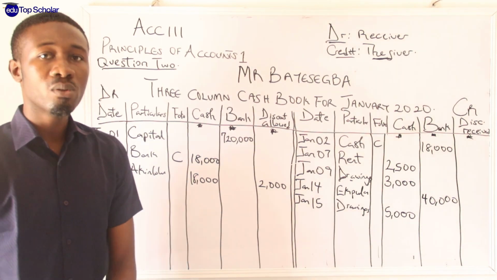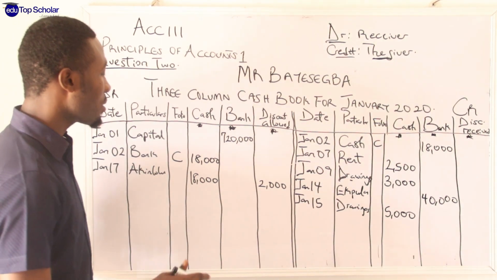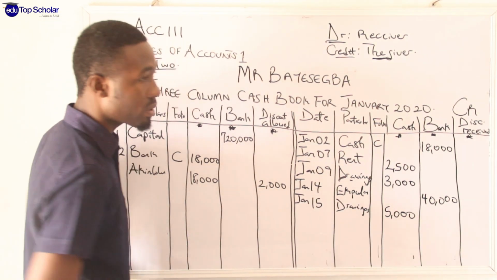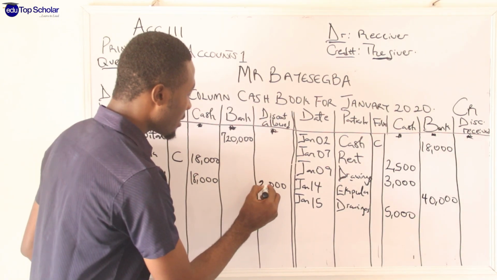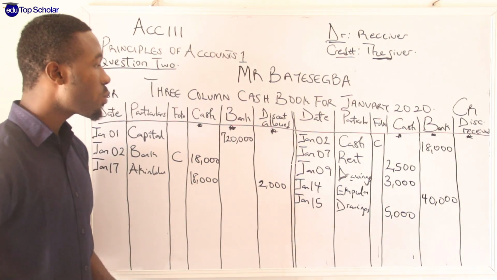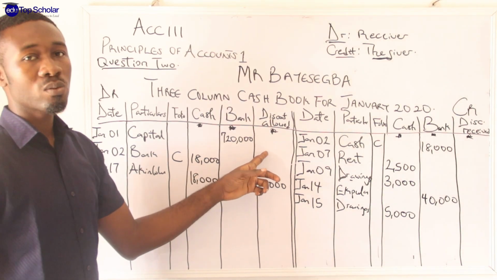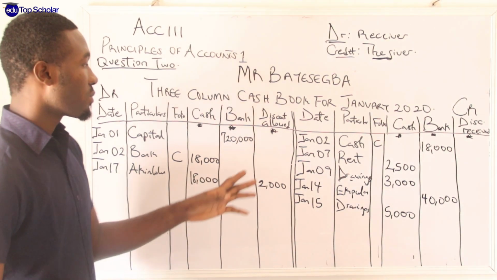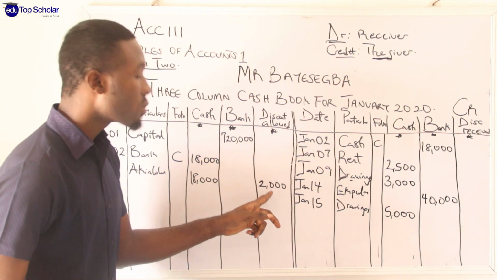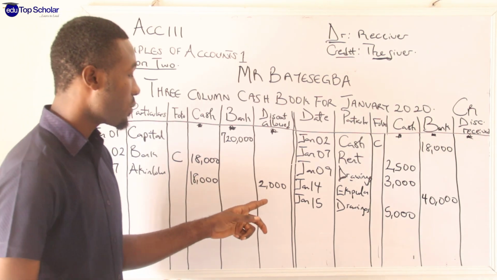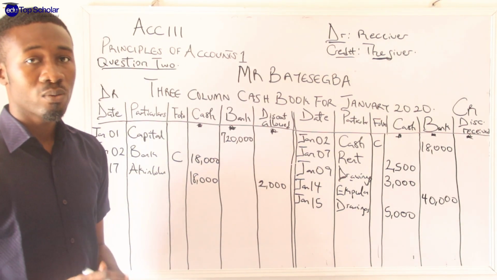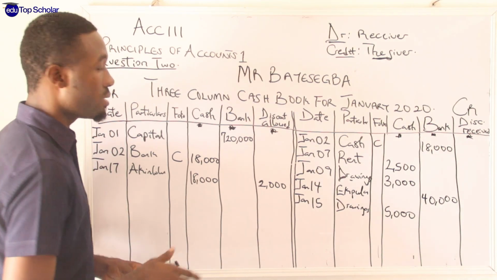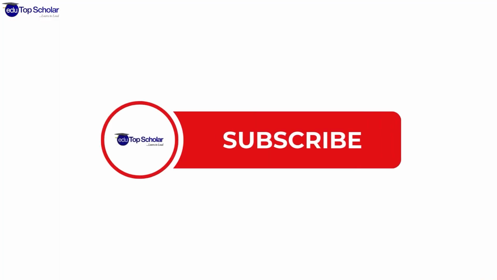Because he was given a 10% discount, which amounts to 2,000 naira, and the 2,000 naira will be recorded under the discount allowed. So in any case, when you have discounts given to a customer, you calculate the percentage of the discount on the amount that was given, and you record it under the discount allowed, and the rest of the money will be recorded either in bank or in cash.